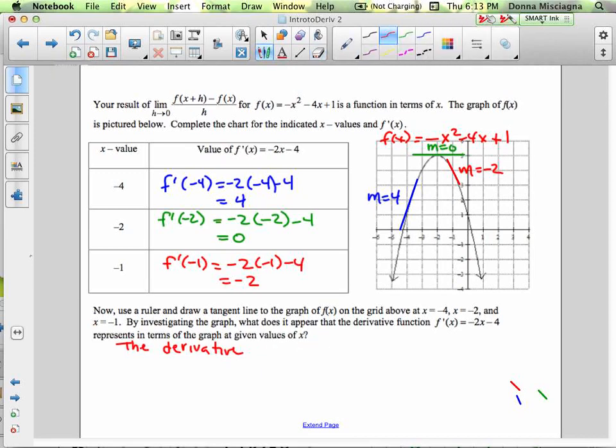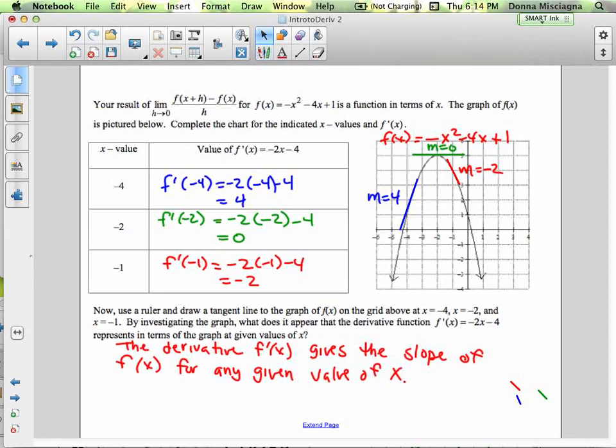So the derivative f prime of x gives the slope of f of x for any given value of x. You can think of the derivative as a slope machine. X values go in, slopes come out. Right?